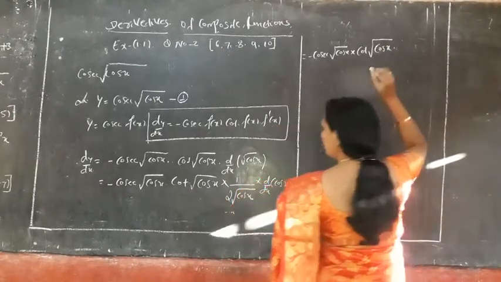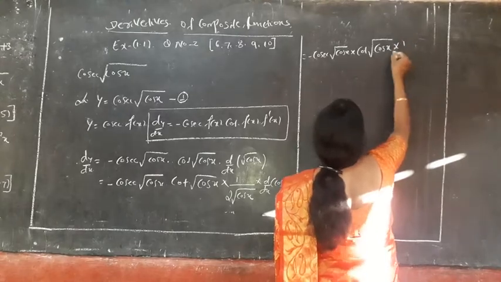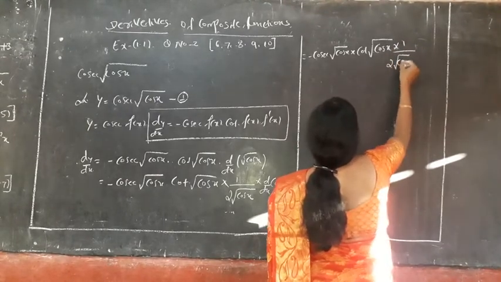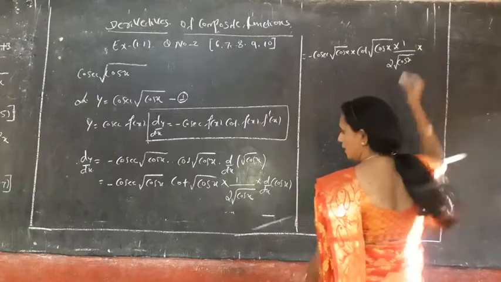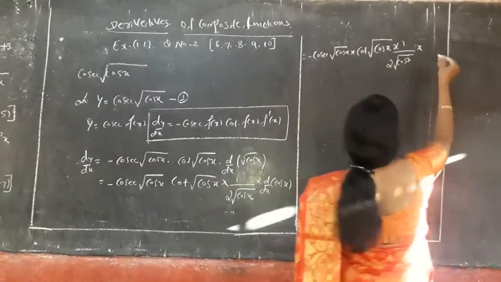Next, 1 upon 2 root cos x. Differentiation of cos x is minus sin x.